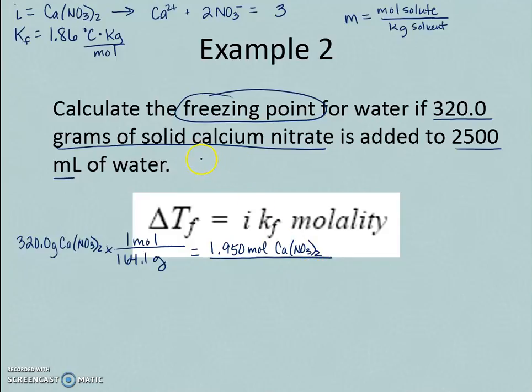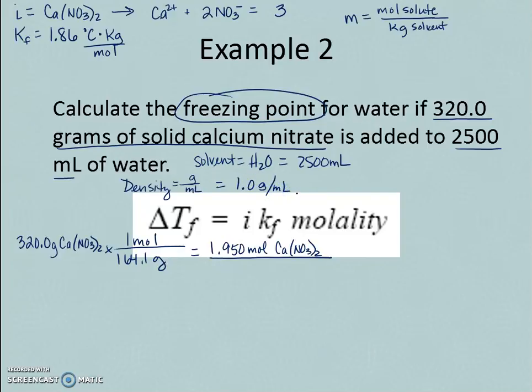Now our solvent is water, and we have 2,500 milliliters of water. And you're like, Mr. Ark, it's in milliliters, we need kilograms. Well, you can use density. Density is a wonderful thing, because density is grams per milliliter, and it allows you to change from mass to volume and volume to mass as long as you know the density. The nice thing about water is that its density is 1.0 grams per milliliter.